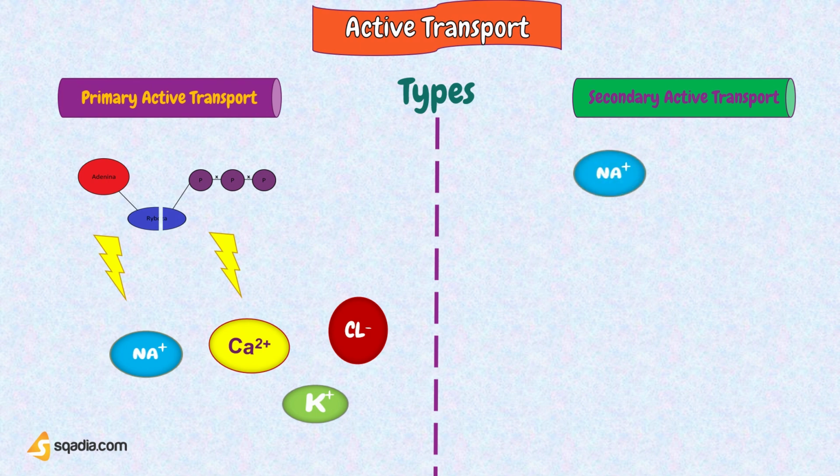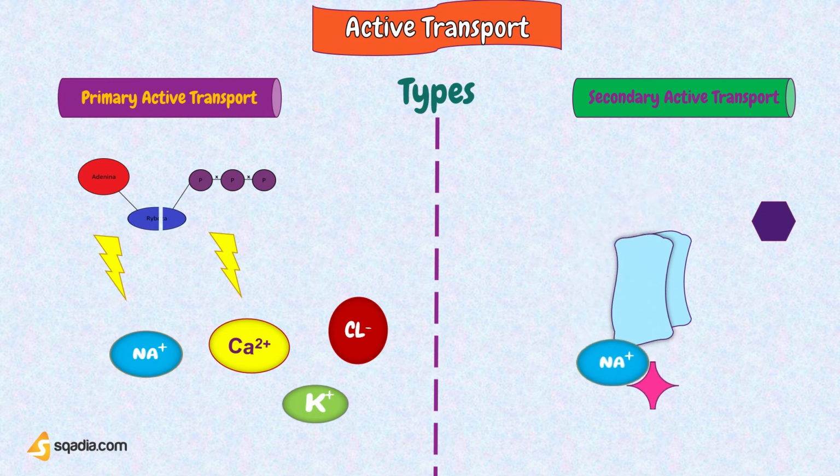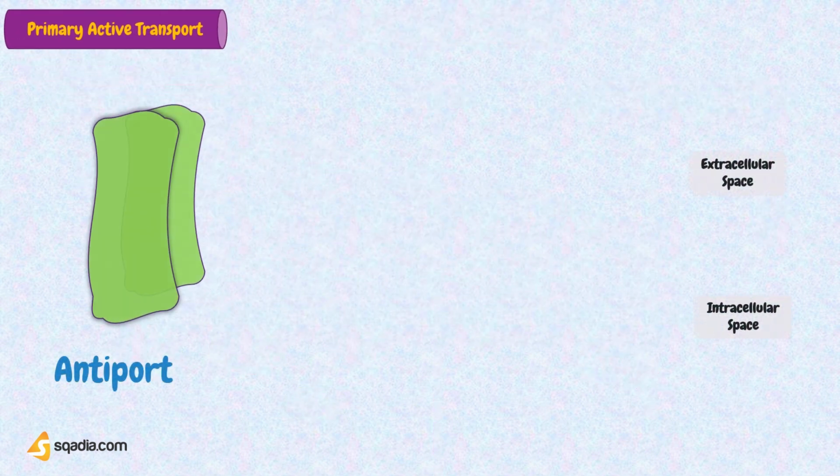As for the secondary active transport, it is the transport of a substance with a sodium ion by means of a common carrier protein. When sodium is transported by a carrier protein, another substance is also transported by the same protein simultaneously, either in the same direction or in the opposite direction. Thus, the transport of sodium is coupled with the transport of another substance.